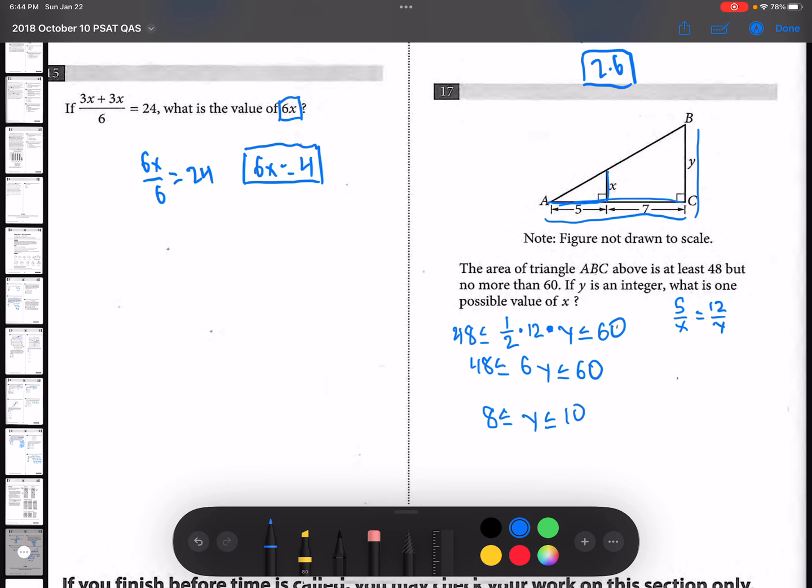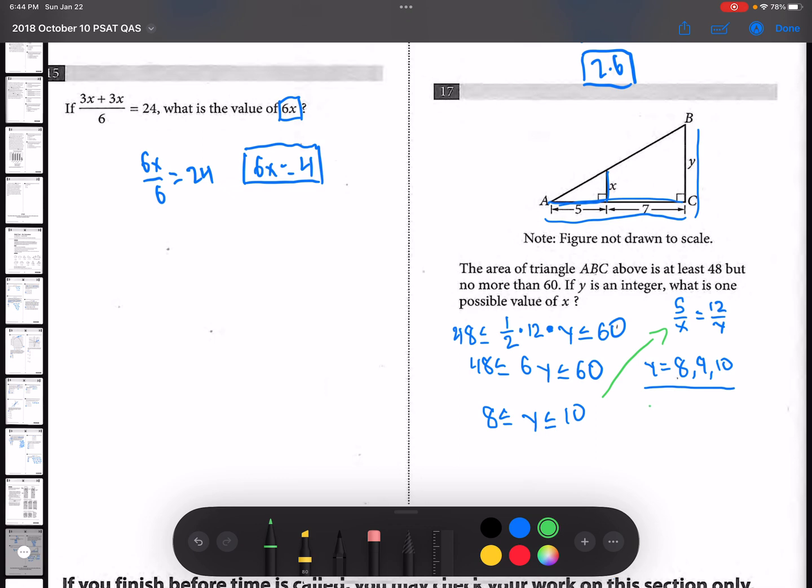Okay, so that means that our answer options for y would be equal to 8, 9, or 10. So those are our options. But because we must find an x value, we can use any one of these. There are multiple answers for this. So now I can put that in this ratio.